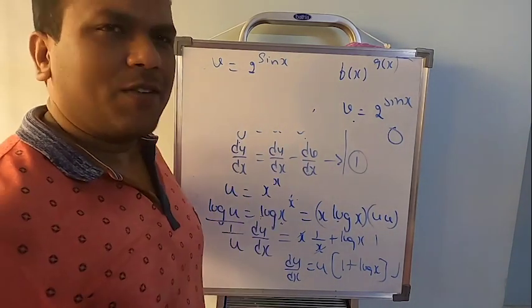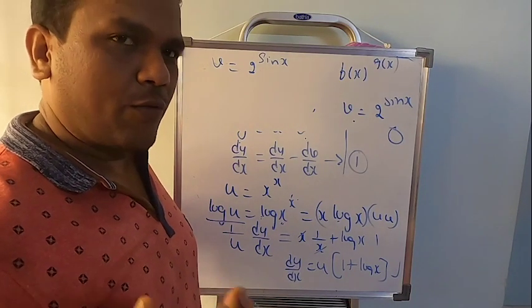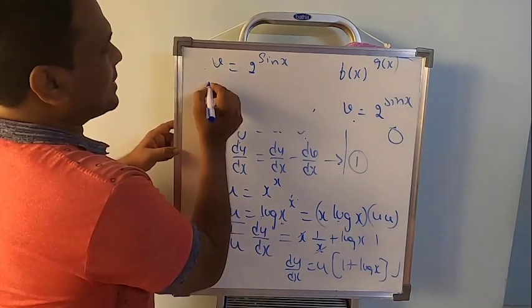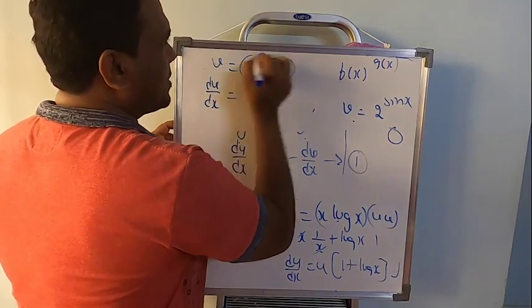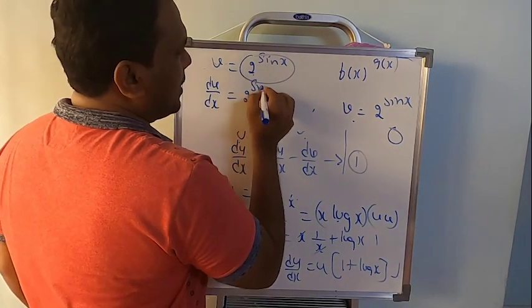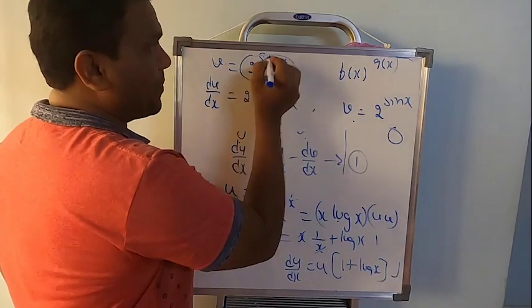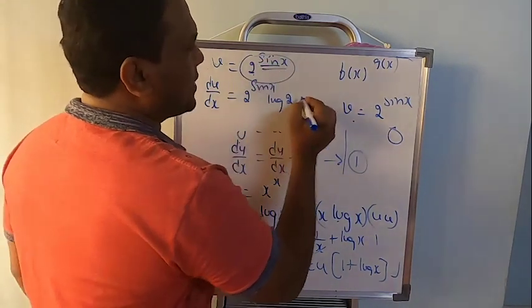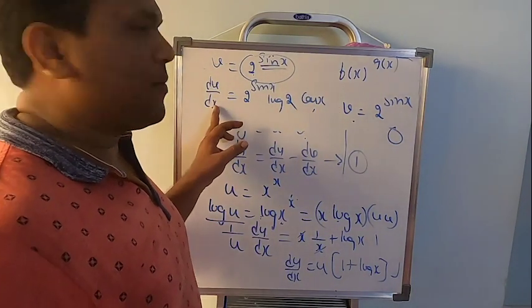So let me just write the differentiation directly instead of going for log. Still I suggest, if you want, apply log. So dv by dx: differentiation of a power x is a power x multiplied by log a, and then differentiation of sin x will be cos x. So this is dv by dx.